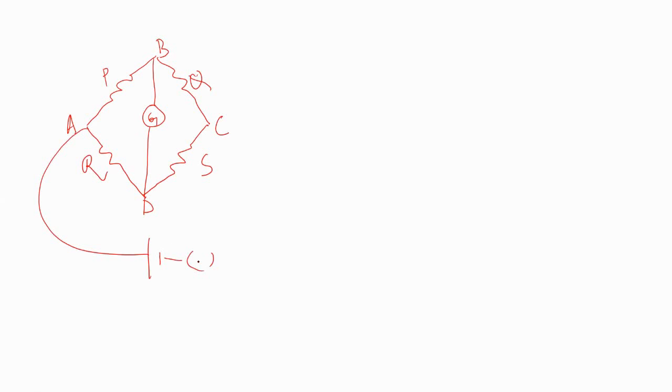So 4 resistors I have taken. In the center I am connecting a galvanometer. The 4 resistors are P, Q, R, S. The corners, if I label them, are A, B, C, D. Here I am connecting one cell, one key.